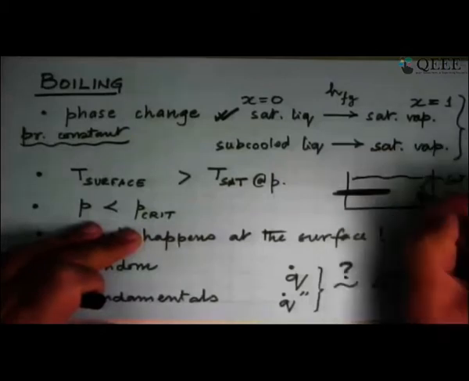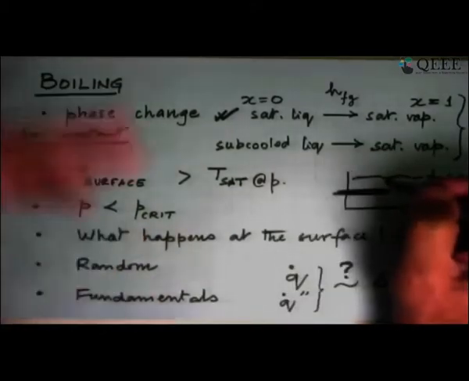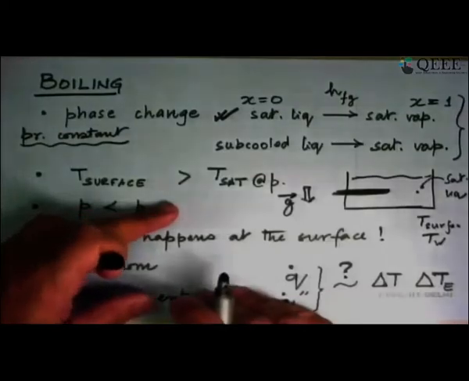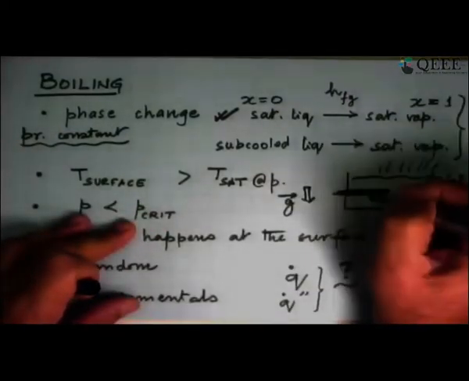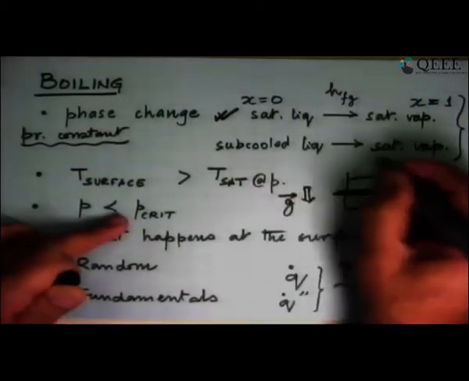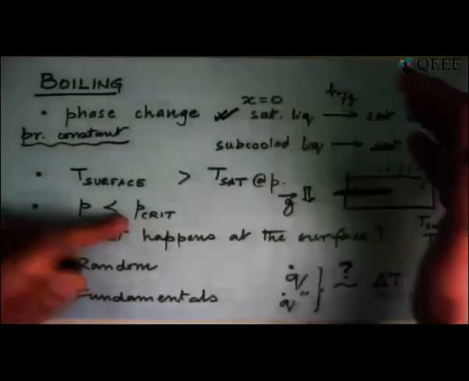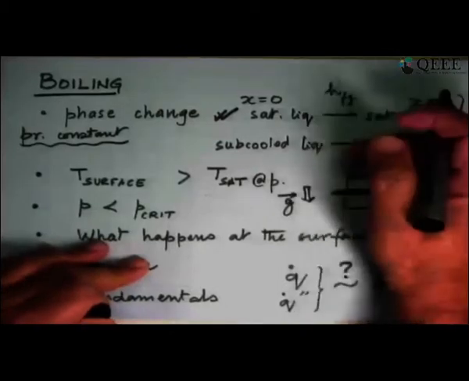This is greater than the temperature over here, and something happens, and a big player in this is gravity. Whether we acknowledge that or not, gravity is an important player, and because of that we start getting vapor from the free surface of the fluid. The top of this is exposed either to saturated vapor, or, like if you're boiling water in a pan, to air into which this vapor is coming out.